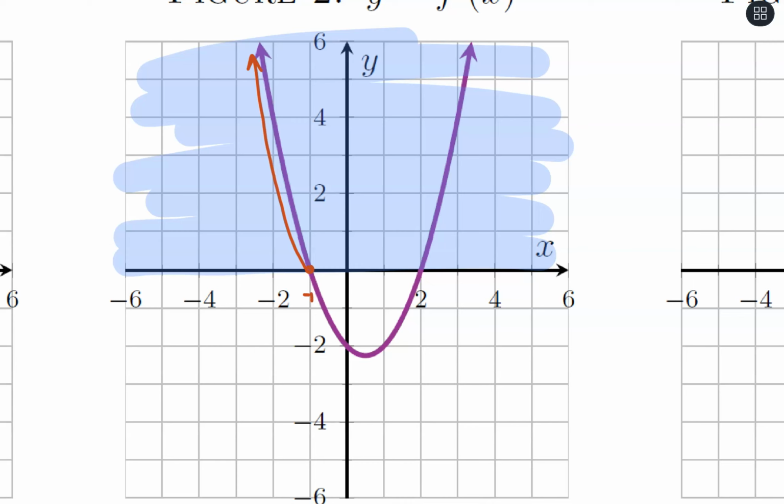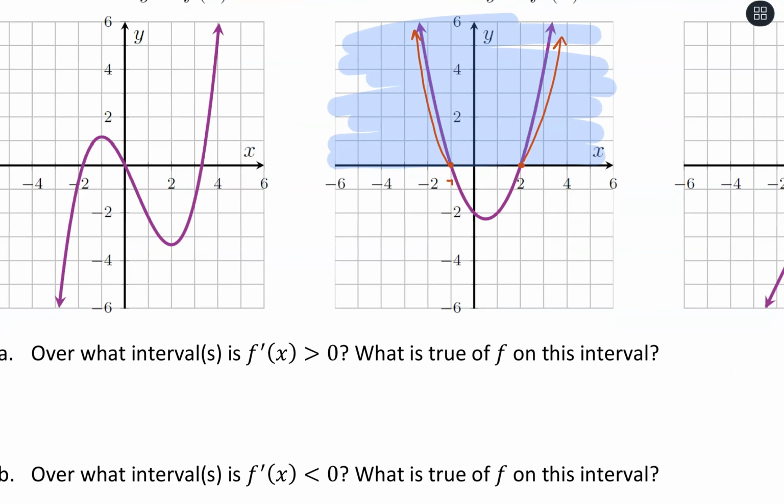We're also seeing it for values to the right of +2. So we have two intervals: from -infinity to -1, and we're not going to include -1 because we're looking for strictly more than, not equal to 0. And then a union with the interval from 2 to infinity.